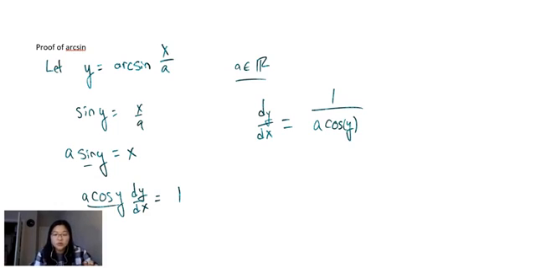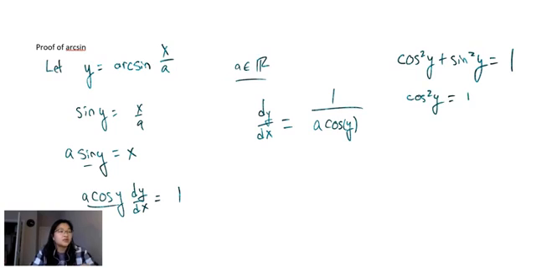Okay. So we can also use the Pythagorean identities, where we have cosine squared of y plus sine squared of y equals 1, right? And then here we can solve for cosine. So cosine squared of y equals 1 minus sine squared of y. But the goal is to have cosine of y, not cosine squared.